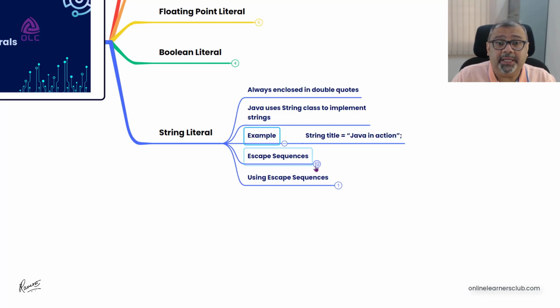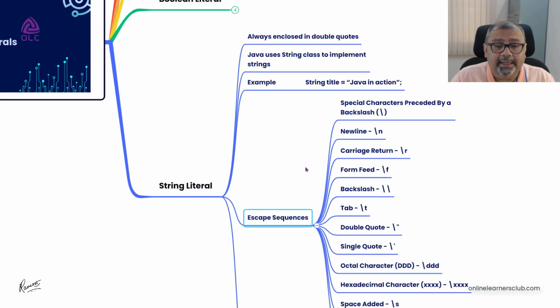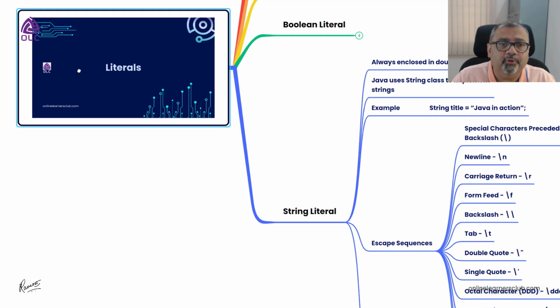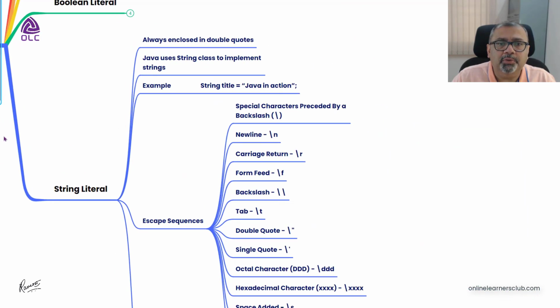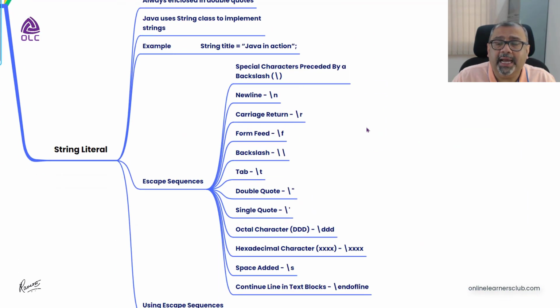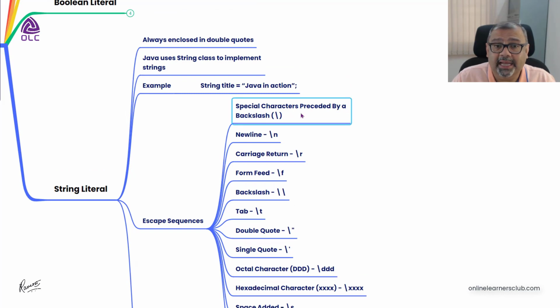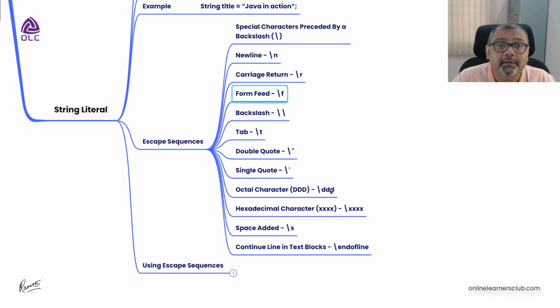Next are escape sequences. There are different escape sequences used in Java. Say you want to use a special character preceded by a backslash, for instance a new line. Backslash n represents a new line character. Similarly, backslash r represents a carriage return, and backslash f represents a form feed.